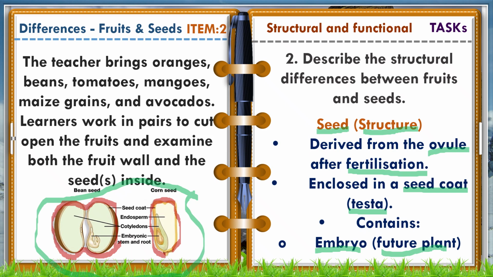The embryo is that part which will turn into a plumule and a radicle. That part there is what we call the embryo. It turns into the plumule and the radicle, which becomes the future plant.